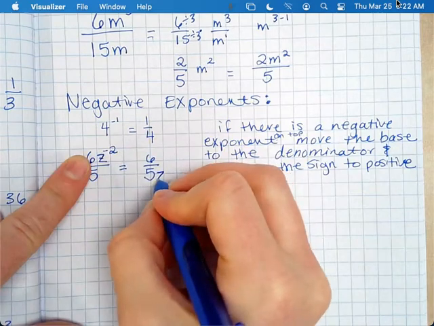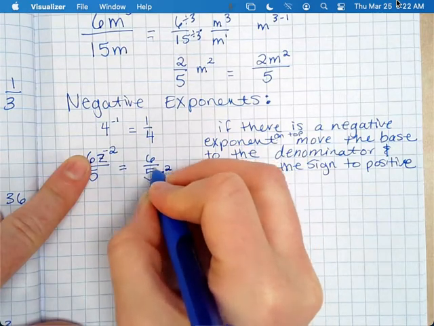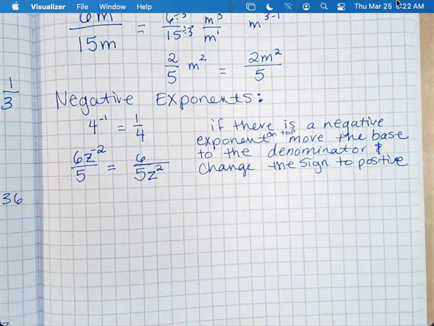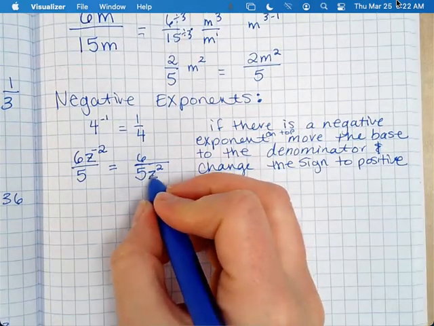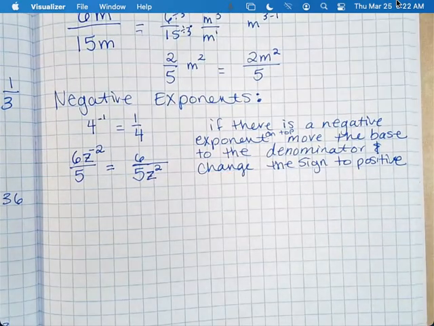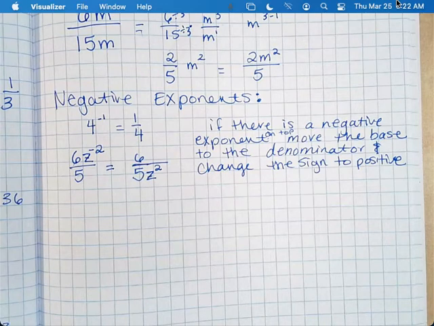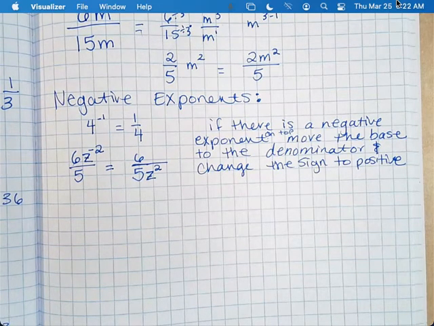It'd be z to the positive 2. So the only thing that will change is your term that has a negative exponent.